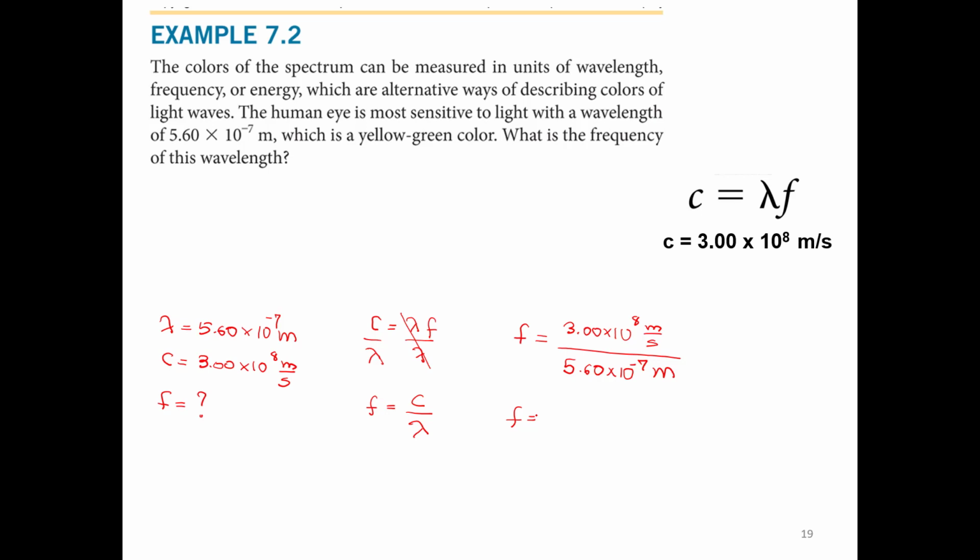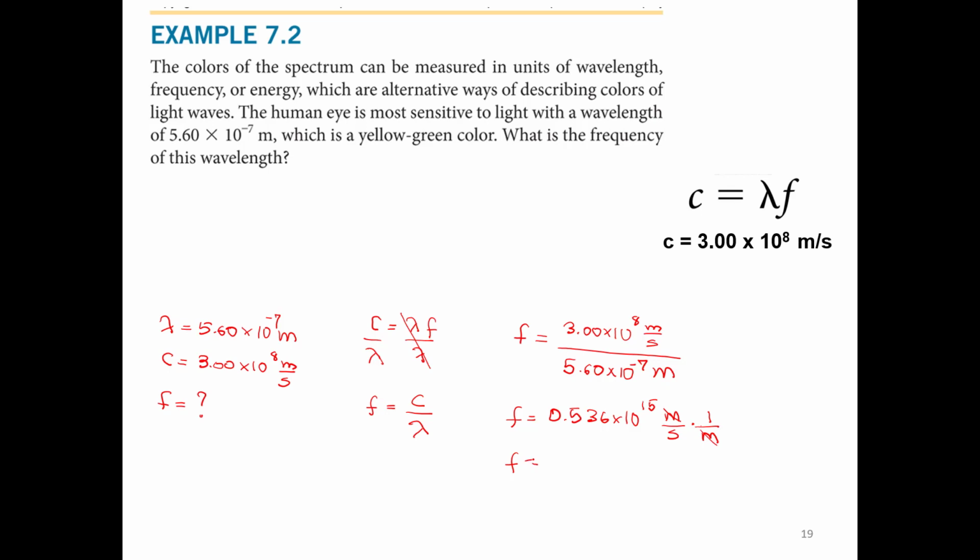For example, if you divide the numbers and then solve for the power of 10, 8 minus minus 7, you will get 15. And the units are meters per second, and here we need to flip because we had division, it is 1 over meters. Then this cancels out.